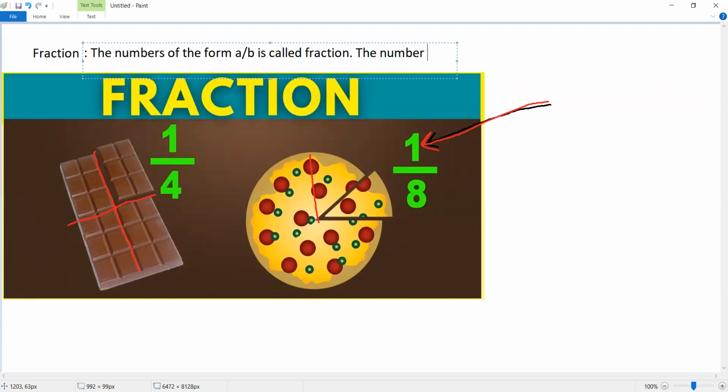The number a is called the numerator and the number b is called the denominator. So the above number, which is a, is called the numerator, and the below number is called the denominator.